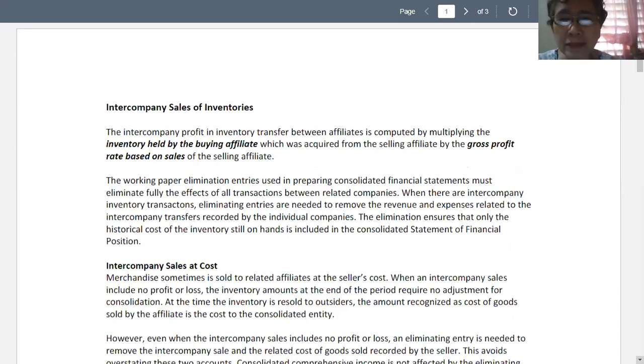That's the only time that the inventory amounts at the end of the period require no adjustment for consolidation. At the time the inventory is resold to outsiders, the amount recognized as cost of goods sold by the affiliate is the cost to the consolidated entity.